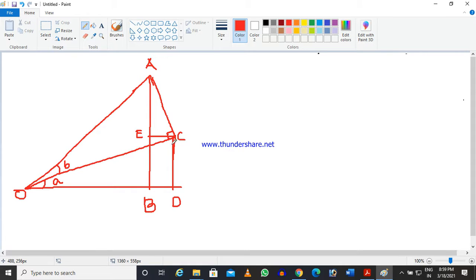Okay. So first from the point C I make a perpendicular which cuts here at D. Then from C I make a perpendicular.